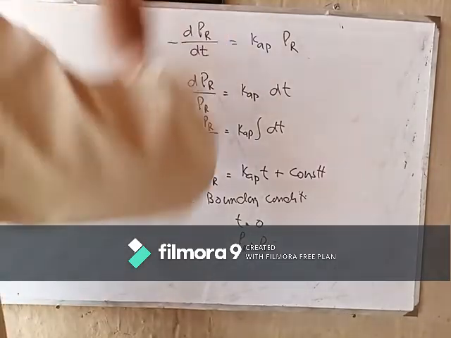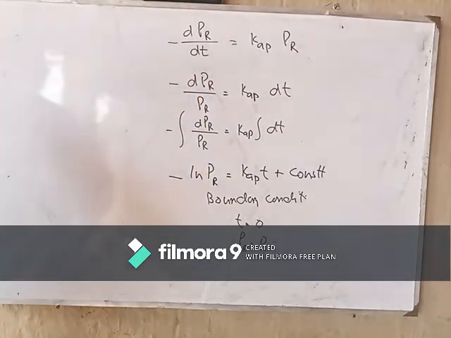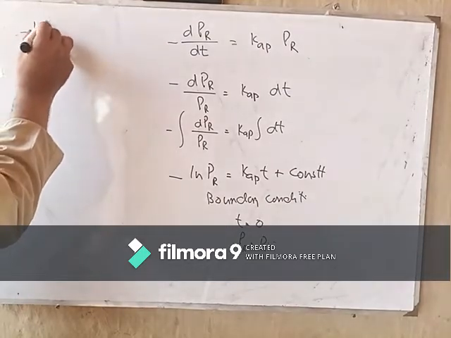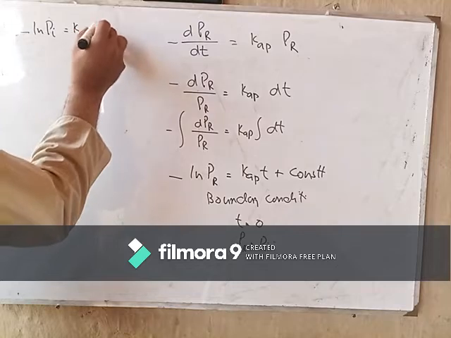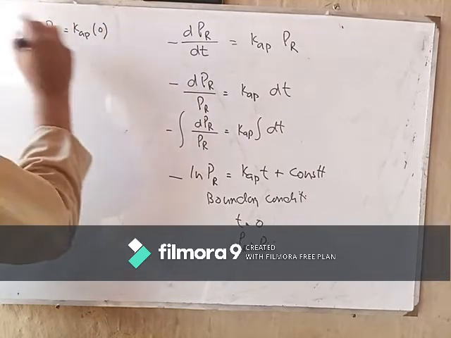So under these conditions we get minus log PI is equal to KAP times 0 plus the constant.